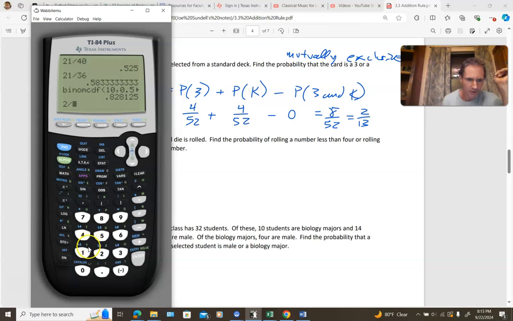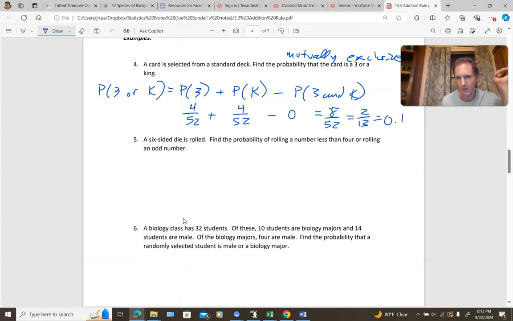Okay, so 2 divided by 13, let's round this to 3 decimal places. So this would be 0.154. Okay, roughly.